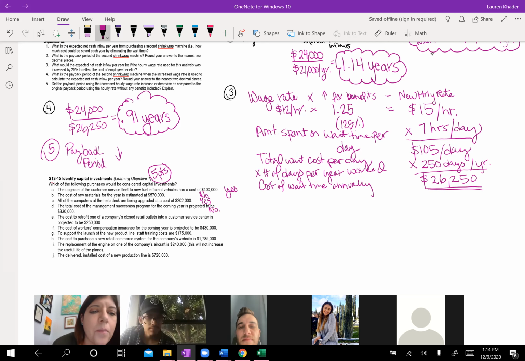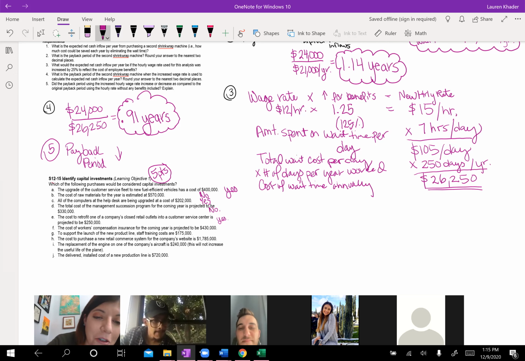E, the cost to retrofit one of the company's closed retail outlets into a customer service center is projected to be $250,000. Yes. It's a long-term asset that's being modified. F, the cost of workers' compensation insurance for the coming year is projected to be $430,000.